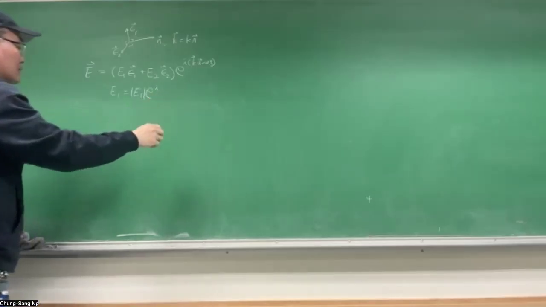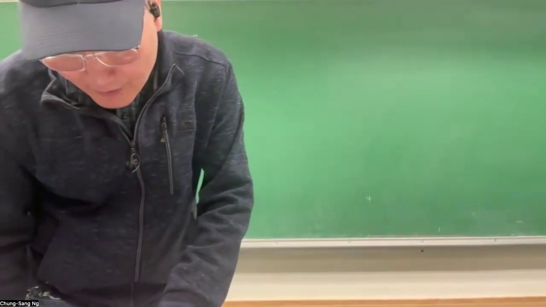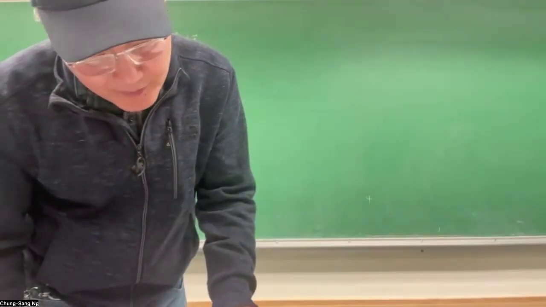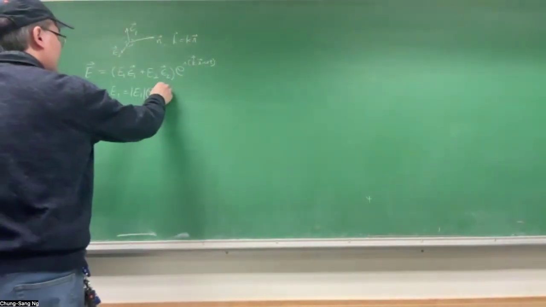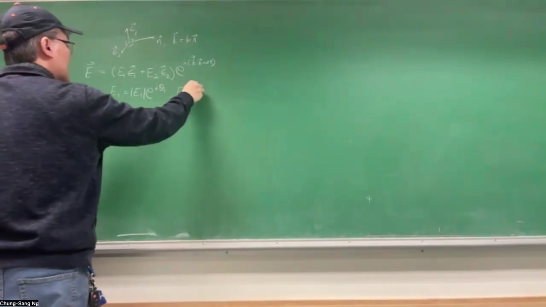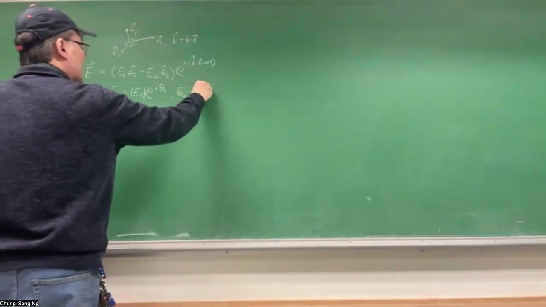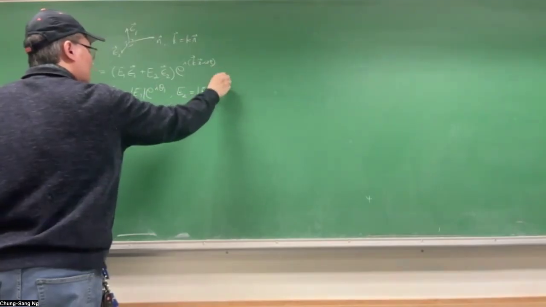phase factor, what do you call it, theta 1? Jackson doesn't have that, but remember, we can define it. You have the phase theta 1 and E2, that's E2 magnitude, e to the i theta 2.